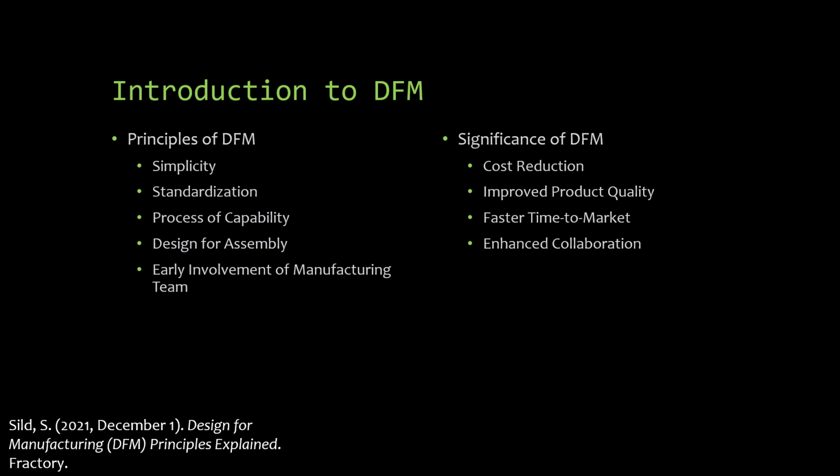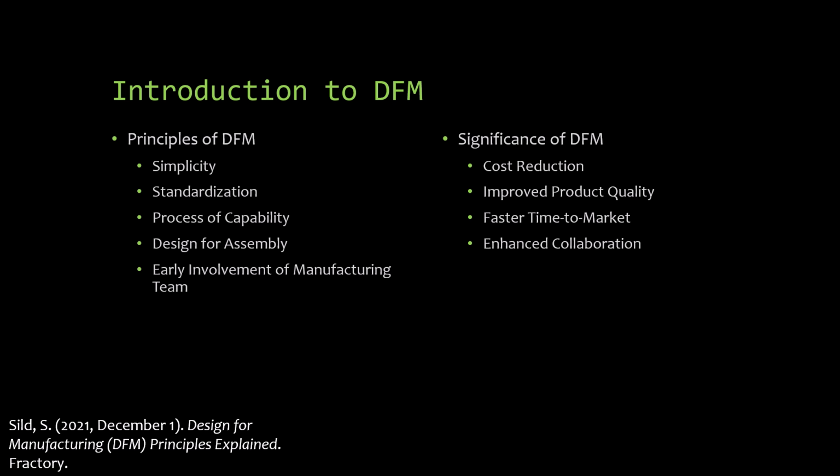Moving over to the significance of DFM, there's cost reduction. By identifying and eliminating potential manufacturing issues early, companies can avoid expensive redesigns and product delays. There's also improved product quality. Designs optimized for manufacturing are less likely to encounter defects, leading to a higher quality product.